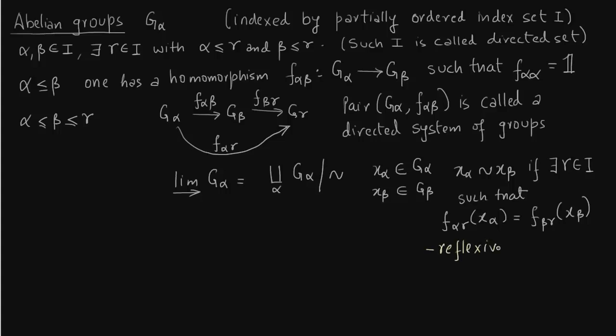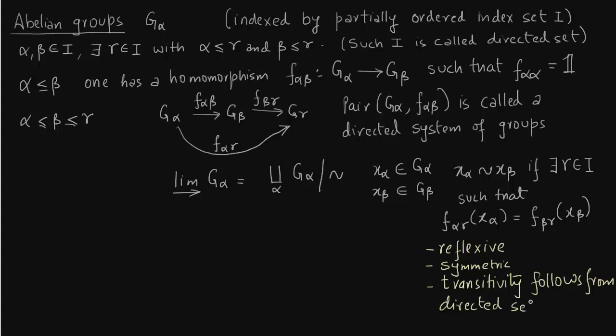Reflexivity and symmetry are easy to see, and transitivity just follows from the directed set property. So heuristically we can say that these two elements are equal if they eventually become equal in the directed system.